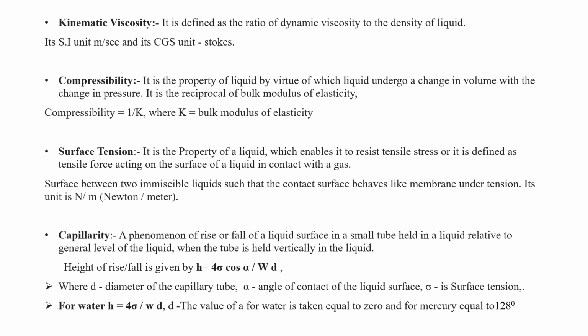The rise or fall height is given by h is equal to 4 sigma cos alpha divided by w into d, where d is the diameter of the capillary tube, alpha is the angle of contact of the liquid, and sigma is the surface tension. For water, alpha is taken as 0, therefore h is equal to 4 sigma divided by w into d, and for mercury, alpha is taken as 128 degrees.